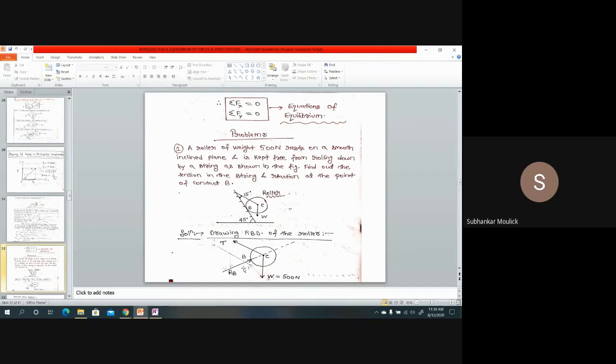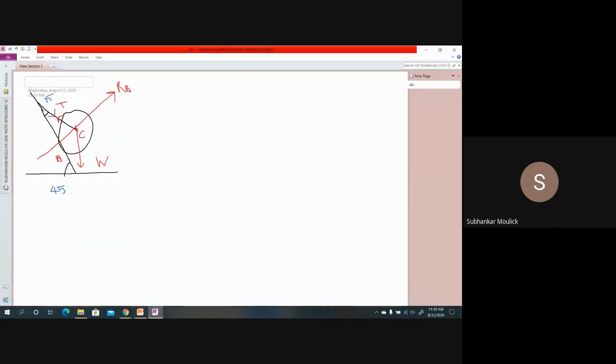So this is my complete free body diagram for this problem. Let us draw it separately, because what I have drawn over here is not the free body diagram; it is for the explanation part, to show what forces will be acting in this problem. This is the free body diagram. So this is my roller.